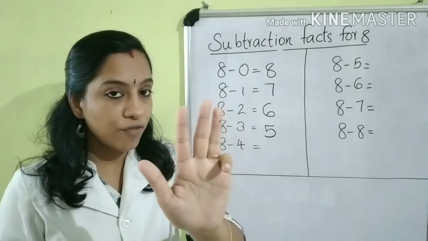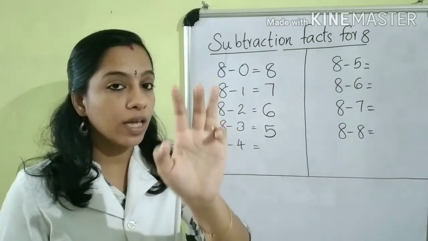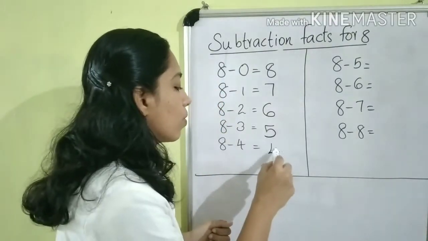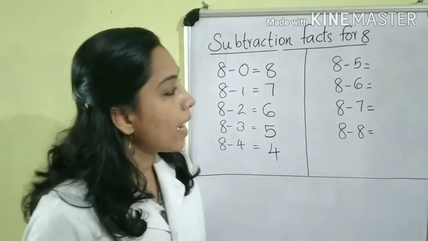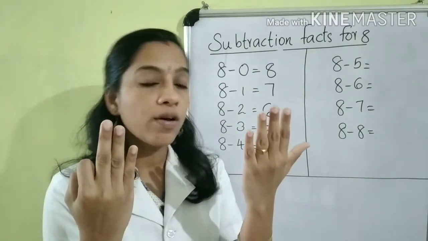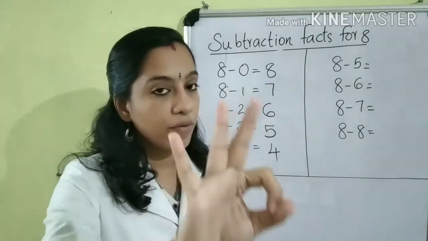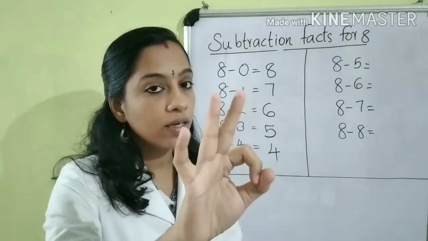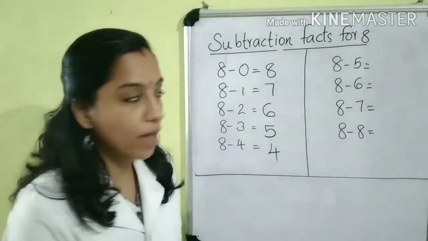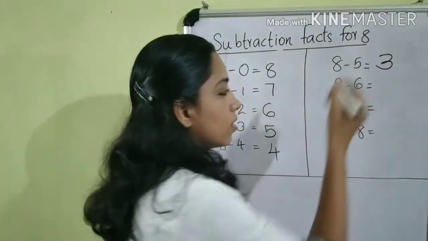How many fingers are left here? 1, 2, 3, 4. So 8 minus 4 is equal to 4. Then 8 minus 5. Take 8 fingers, fold 5 fingers. How many fingers are left? 1, 2, 3. That is 8 minus 5 is equal to 3.